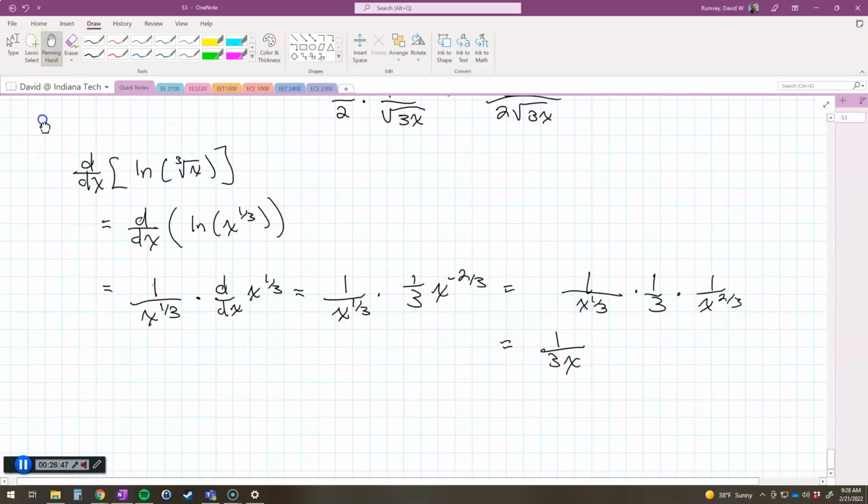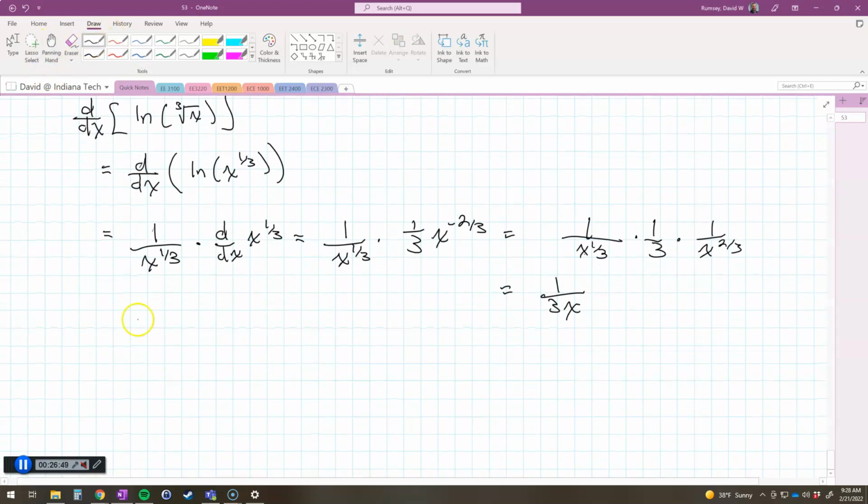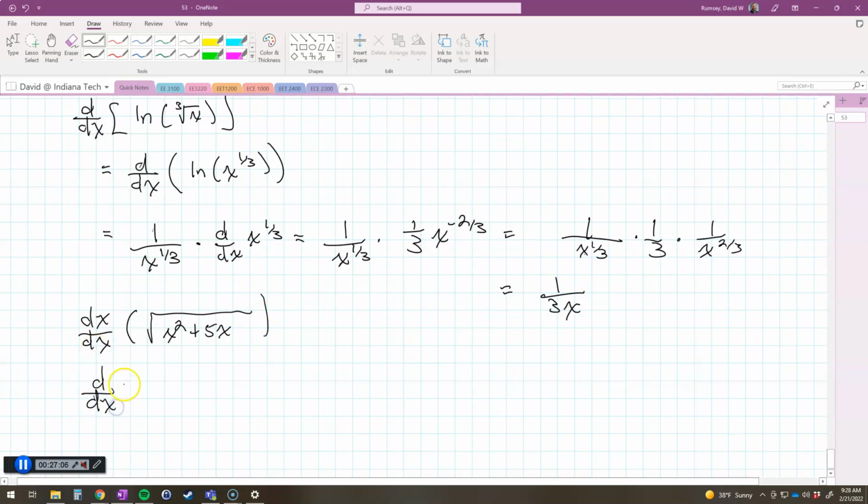One real quick last example here is, let's look at the derivative with respect to x of the square root of x squared plus 5x. Now again, anytime you see a radical, first thing to do is to rewrite this in fractional exponent form. And then we apply the chain rule.